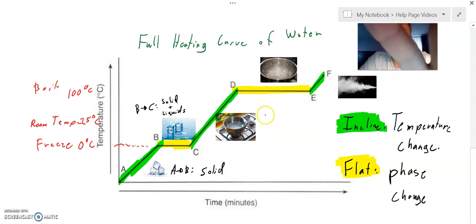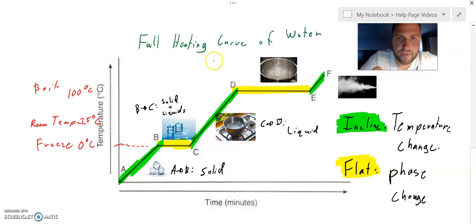In section C to D, what we have is just a liquid. In section D to E, we have not only a liquid, but gas particles.